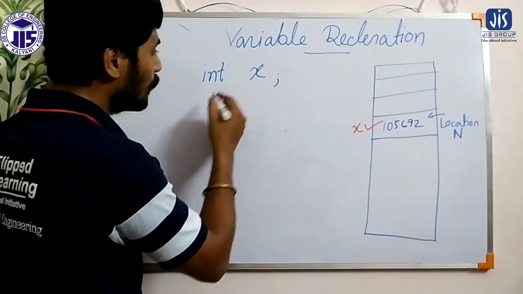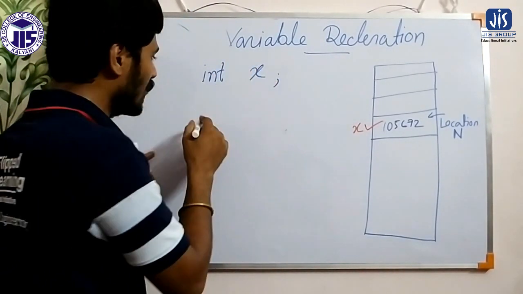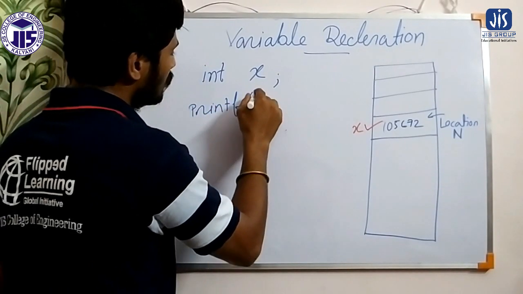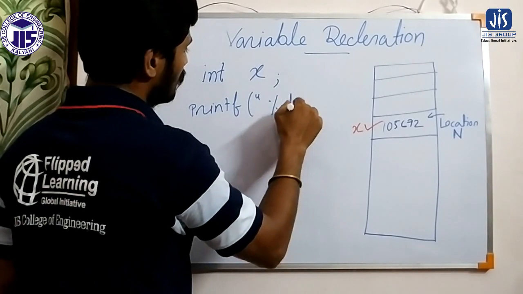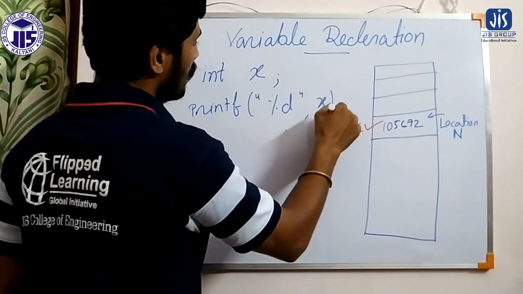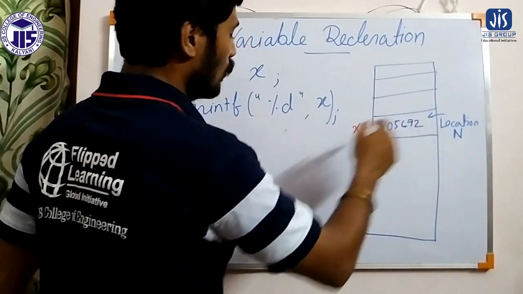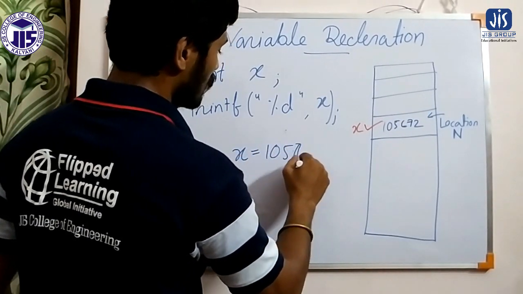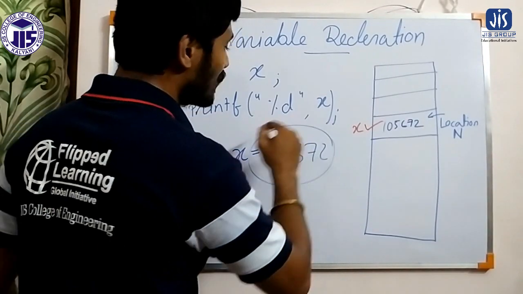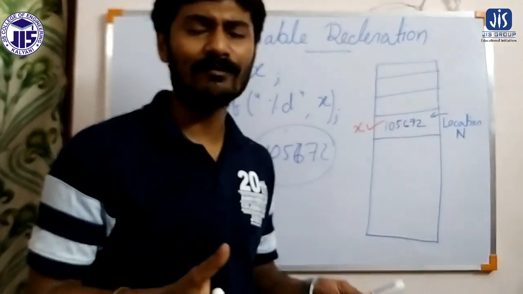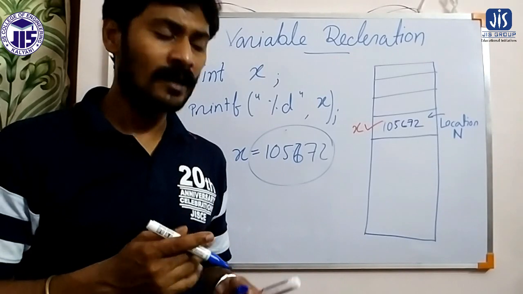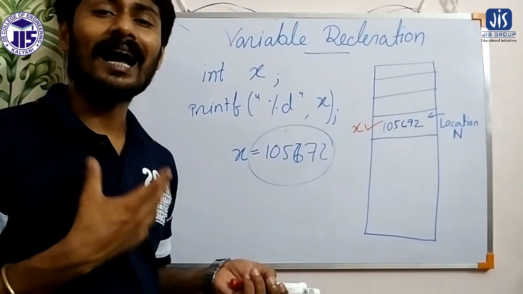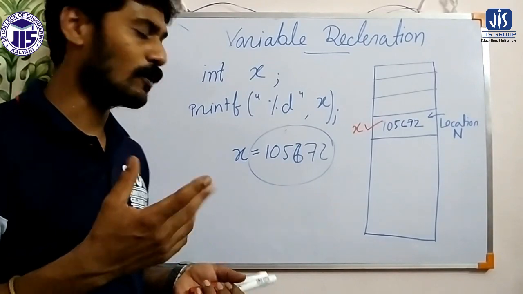So after that, if you print the value of x, where I have not assigned anything, you will get this value, 672. So this value is basically an unwanted value which we have not assigned in the program. Yet the x variable will hold some value. This value will be called a garbage value.